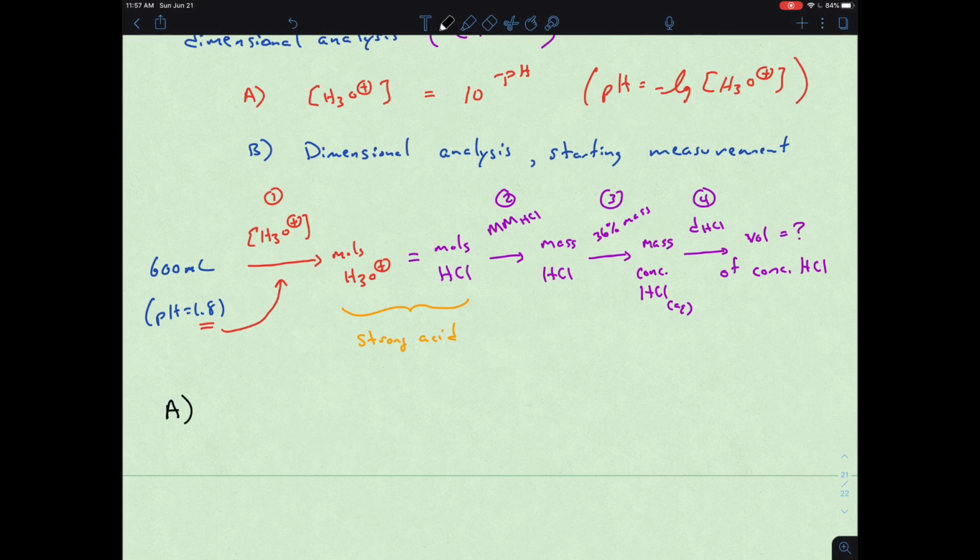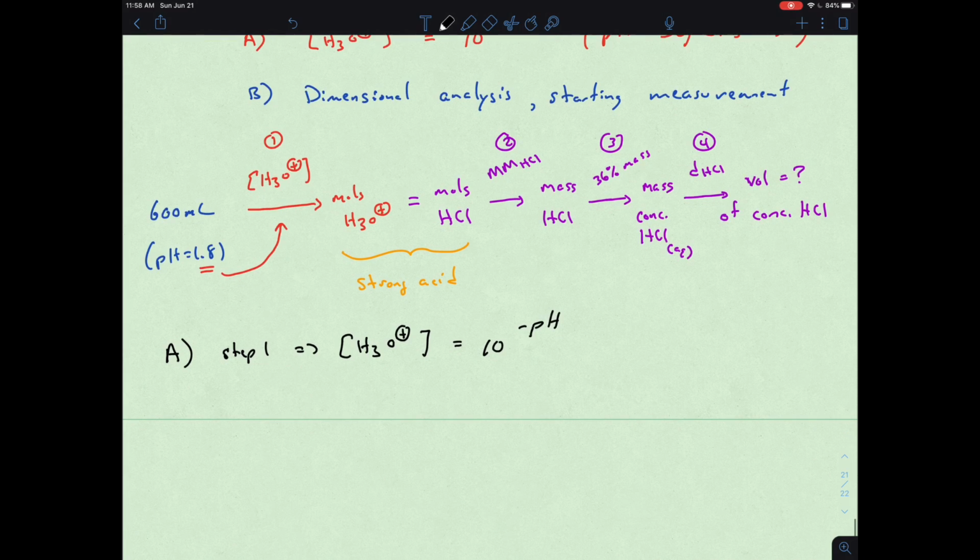So for A, this is step 1. We want to get at the hydronium ion concentration by taking 10 to the negative pH.